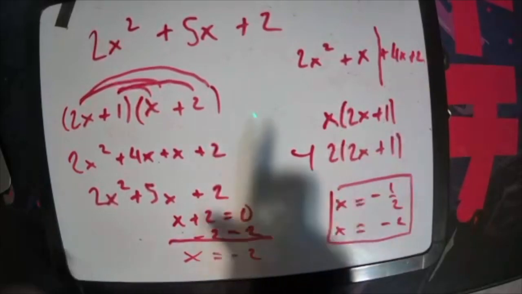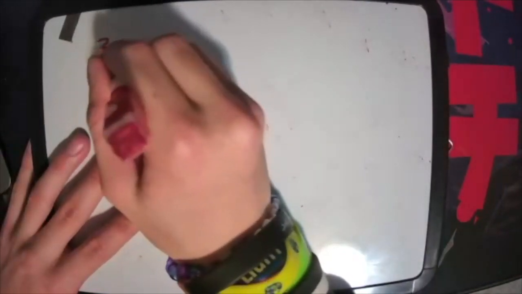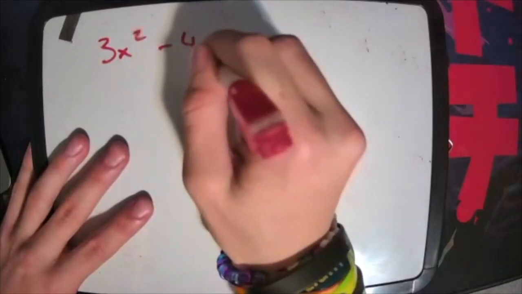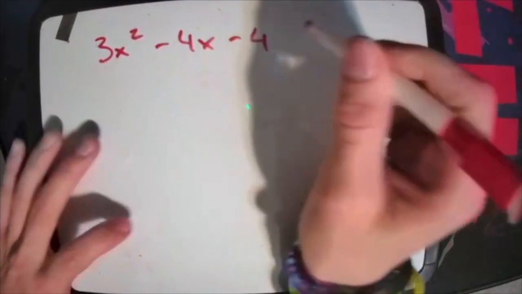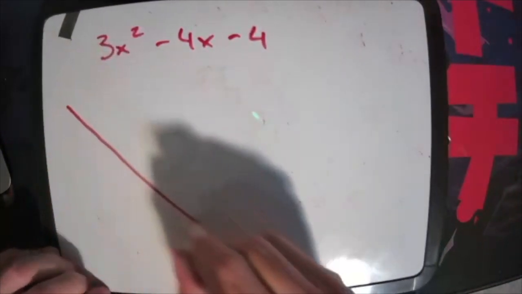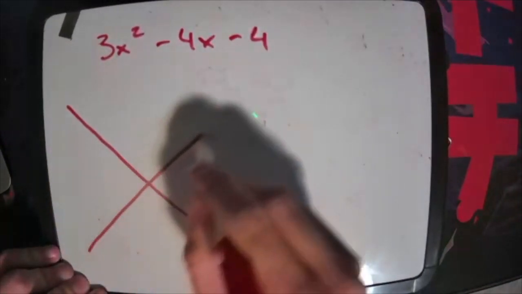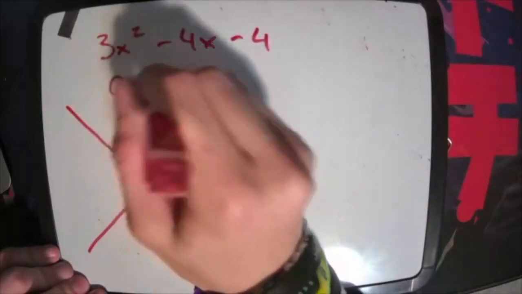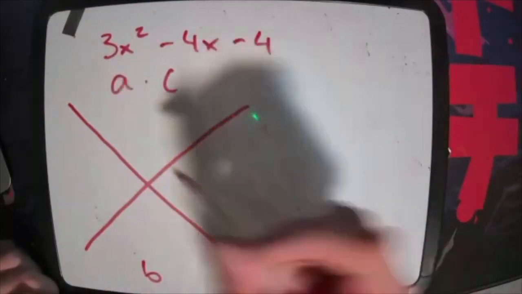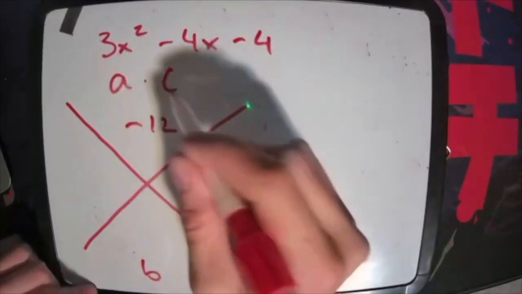Okay, let's do one last example problem: 3x squared minus 4x minus 4. Once again, we need to draw the x that we did before, where the top term is a times c and the bottom term is b. So 3 times negative 4 is equal to negative 12.